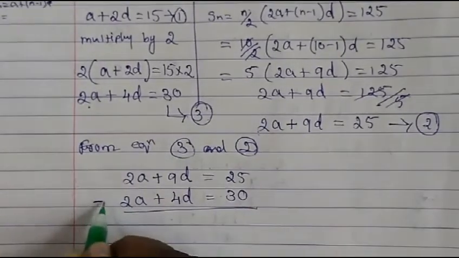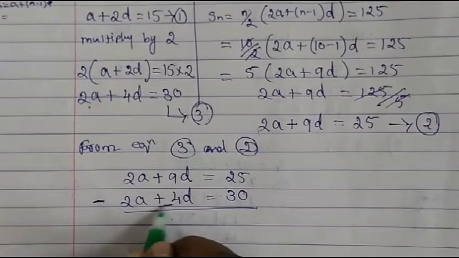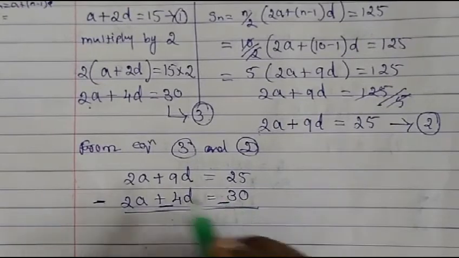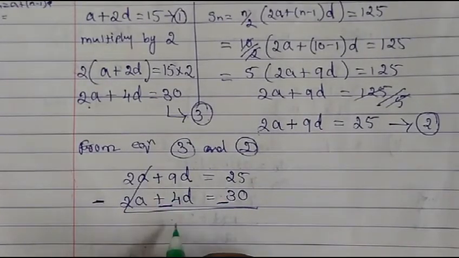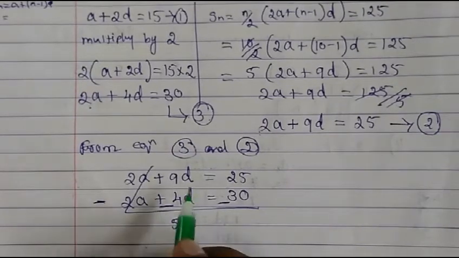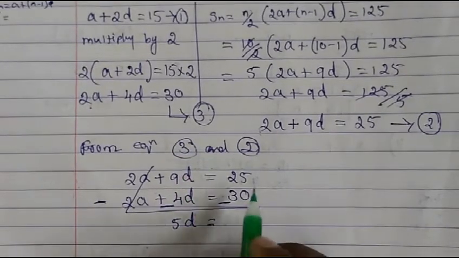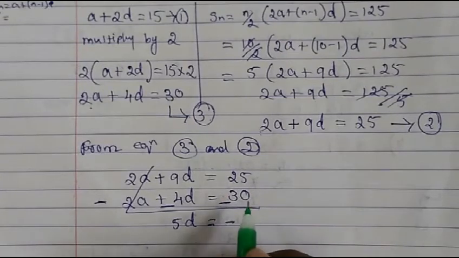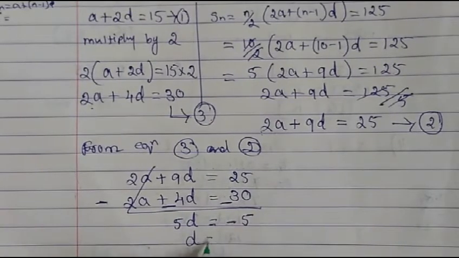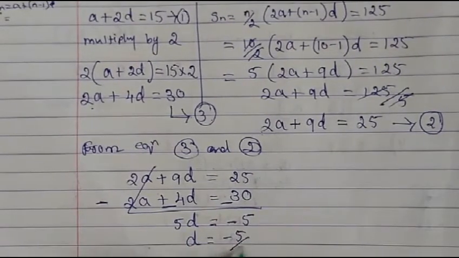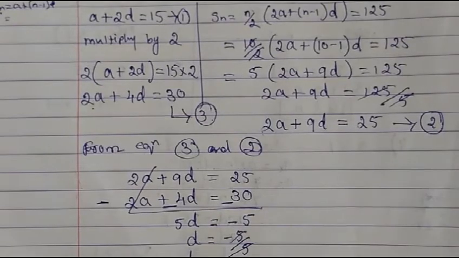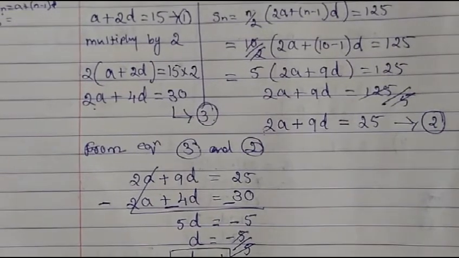So then we subtract. We change this into minus, this will become minus, this will become minus. This gets cancelled. From 9 you minus 4, you will get 5d, equal to, here minus you'll have, because the biggest number is in minus, from 30 you minus 25, you'll get 5. So then d equal to, this 5 will come down here, cancel. So d value will be minus 1.